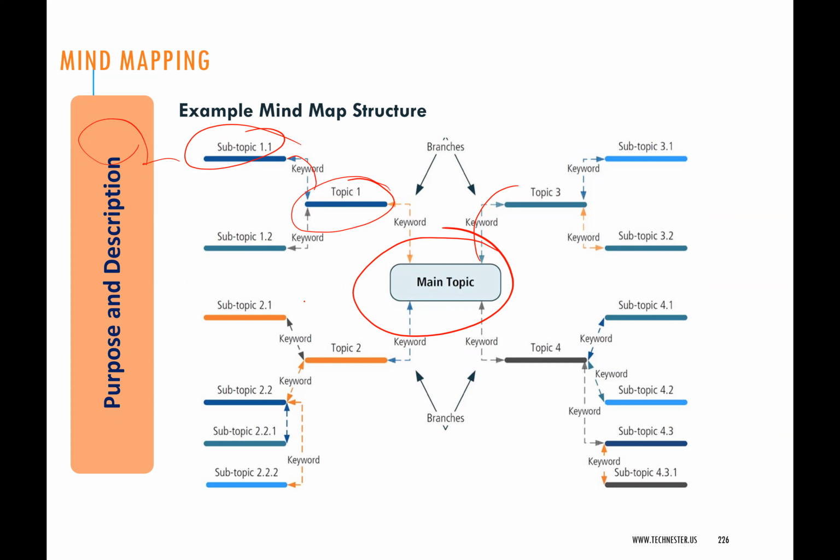Even why I laugh is that even mind map is 2 words, right? The name of the technique itself is 2 words. So saying that people should make everything single word may not be realistic. Even they here had to write 2 words, main topic.